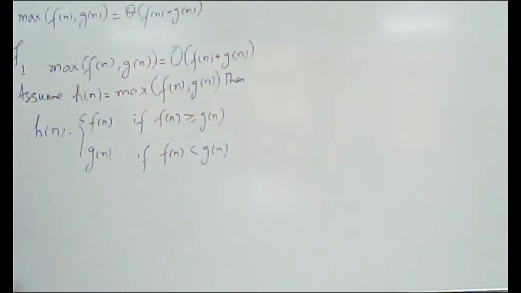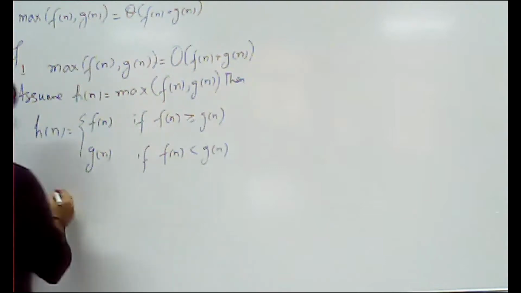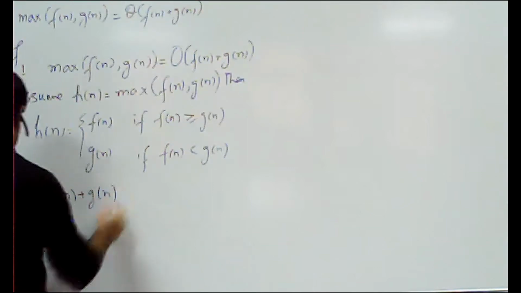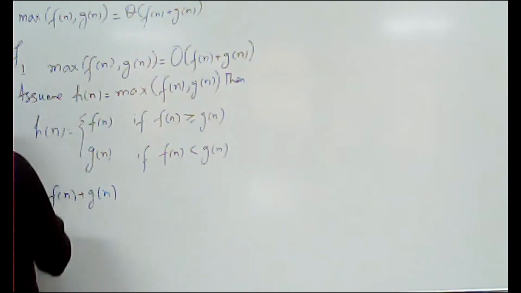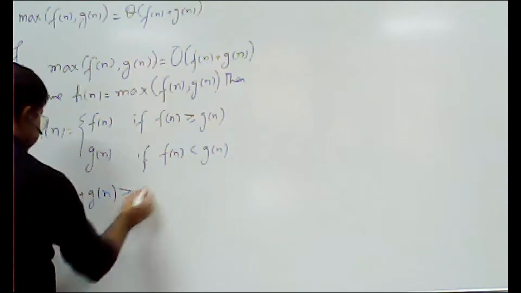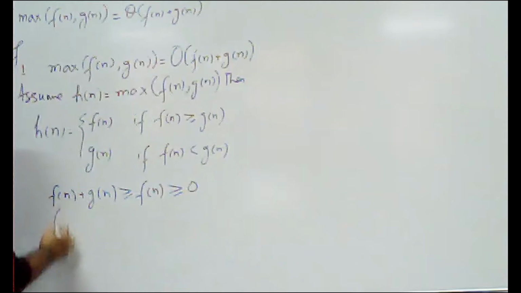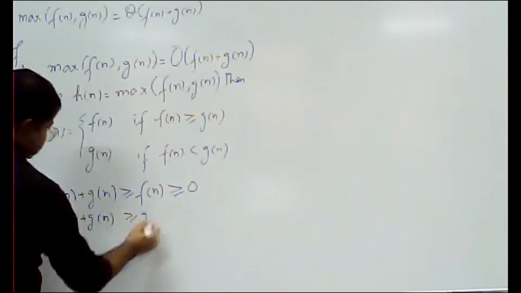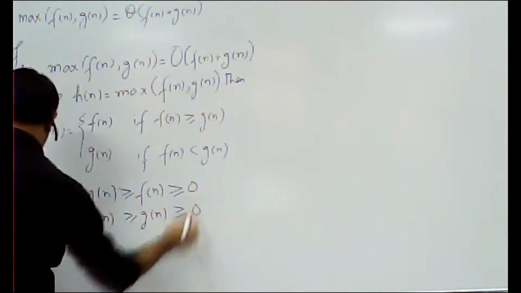So now what does it mean? It means that f(n) plus g(n) is greater than or equal to f(n), which is greater than or equal to 0, and also f(n) plus g(n) is greater than or equal to g(n), which is also greater than or equal to 0.